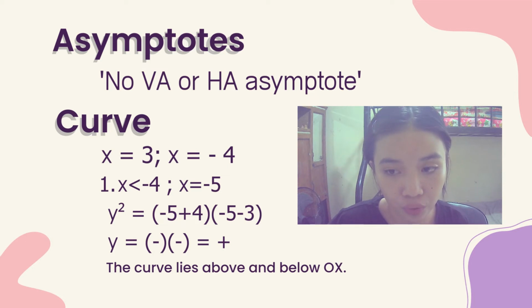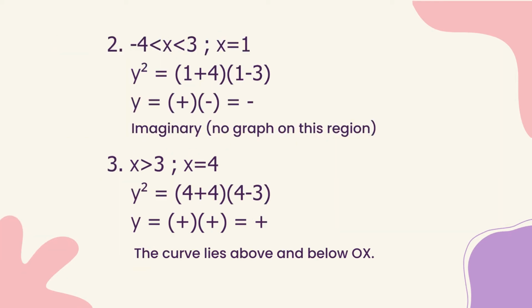And pag pinag-multiply natin yung dalawa, makakakuha tayo ng positive product, which implies that the curve lies above and below our x-axis. Once that we have our x and y intercepts, magpo-proceed na tayo sa ating asymptote. Given, the algebraic curve has no vertical nor horizontal asymptote.